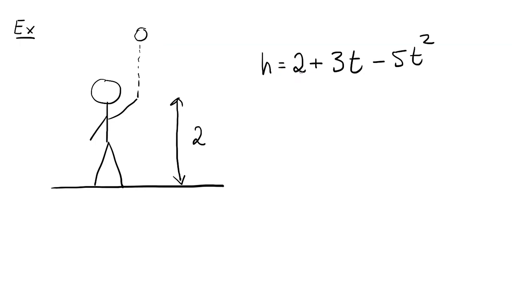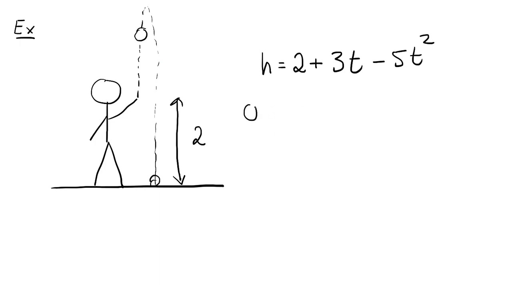If it starts at 2 meters, and the starting speed is 3 meters per second, then the height over the ground is given by this formula, and that's given by physics. Then we could, for example, find out when the rock hits the ground, because after a while it will turn and then come down again. So when will it hit the ground?